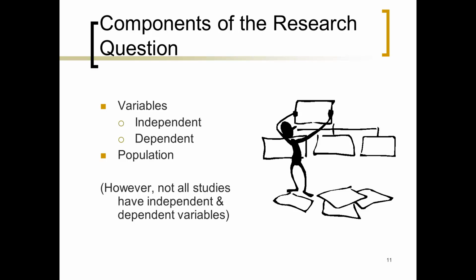About components of the research question, there's going to be variables. Variables are things that we consider. For example, you might ask, what is the stress level of single mothers with 2 or more children? Stress level is the dependent variable. That's what we're looking at.